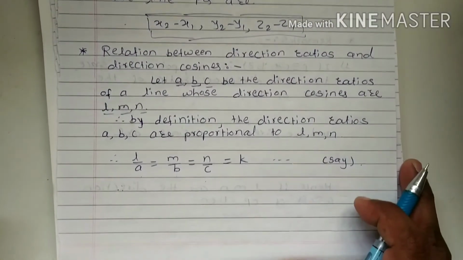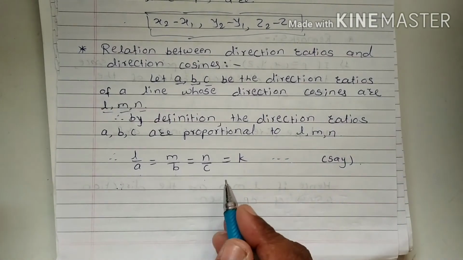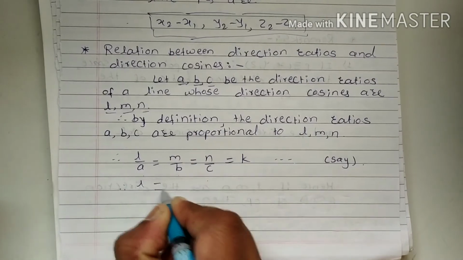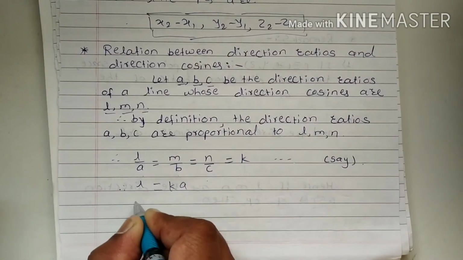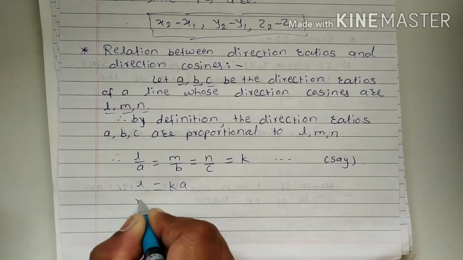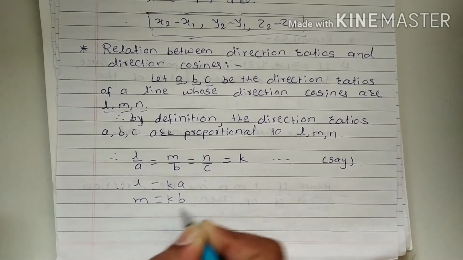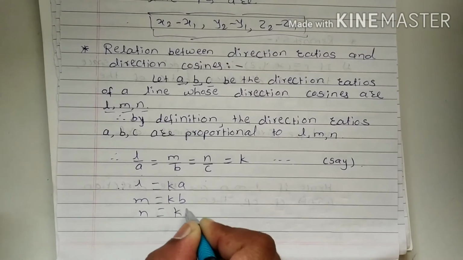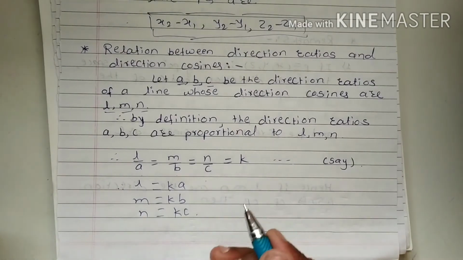Then l is equal to ka, m is equal to kb and n is equal to kc.